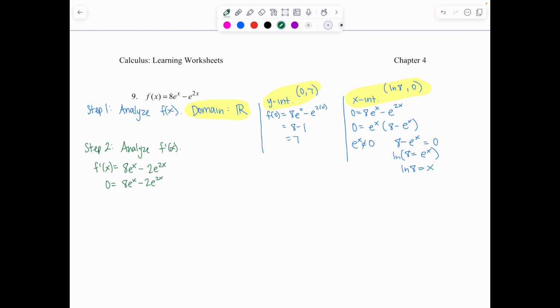Let's factor 2e to the x. So we'll have 4 minus e to the x. And very similar to our step 1, we will have x equal natural log 4. So this is what we will look around.